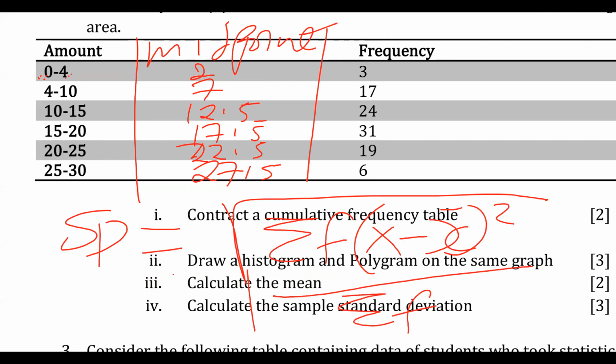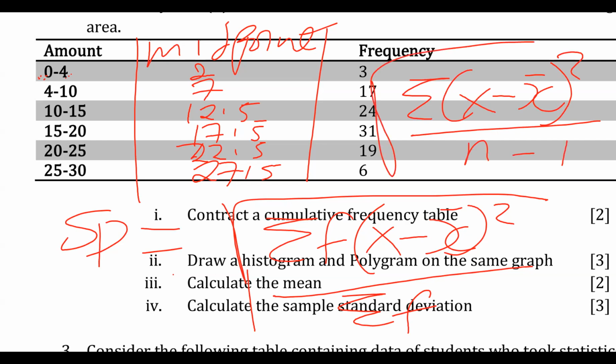Last time we said standard deviation is the square root of the summation of x minus x bar squared divided by n minus 1. This is when you're dealing with ungrouped data, okay? You use that as a formula.